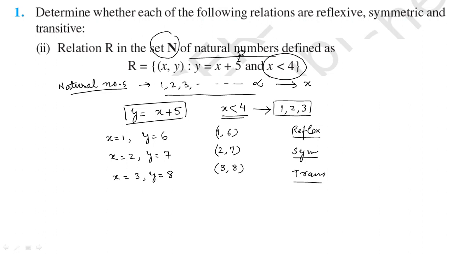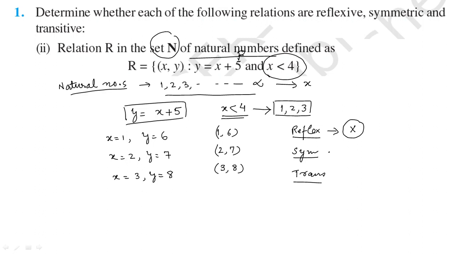If I am talking about reflexive, by inserting 1, (1, 1) should be there. By inserting 2, (2, 2) should be there. By inserting 3, (3, 3) should be there. This condition is not satisfied inside this question.